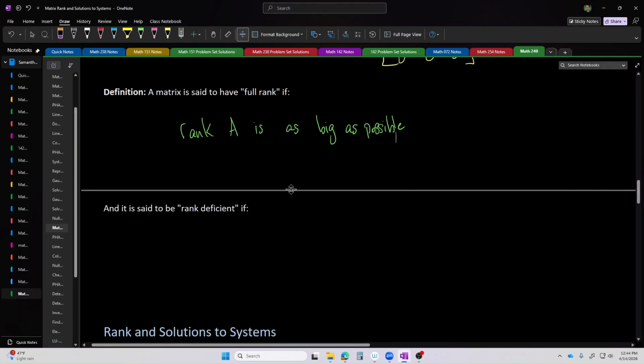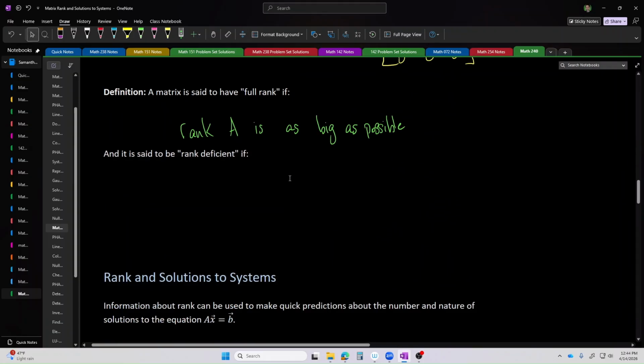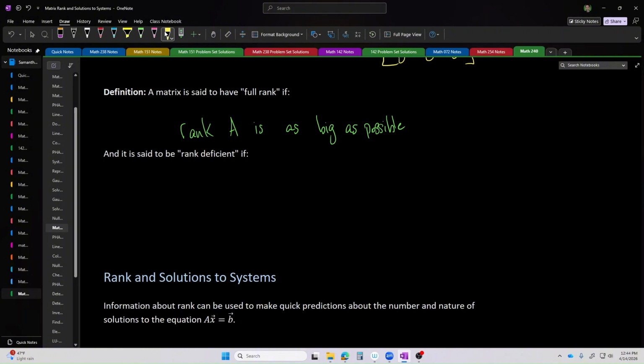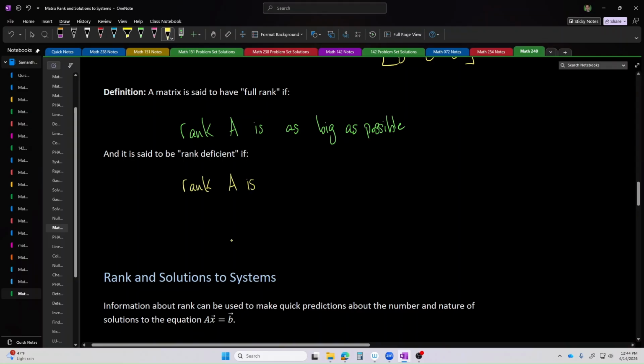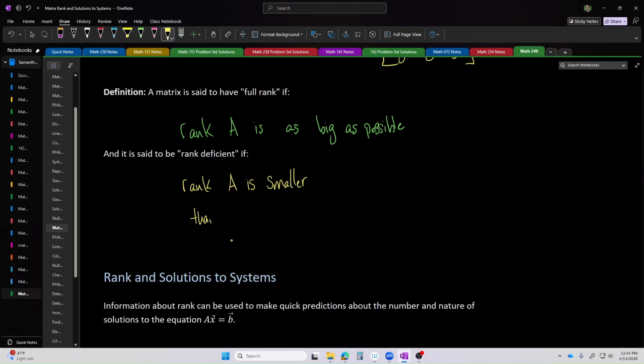By contrast, your matrix is going to be rank deficient if A tilde has fewer pivots than you could possibly fit in a matrix of that size. Rank A is smaller than the minimum of the number of rows and the number of columns. That would arise in a situation, for example, where your A tilde maybe looked like this.